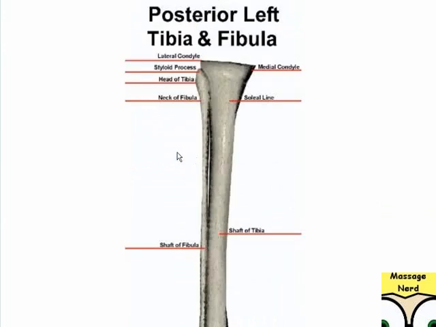Posterior left tibia and fibula, bony landmarks. Lateral condyle, right here.